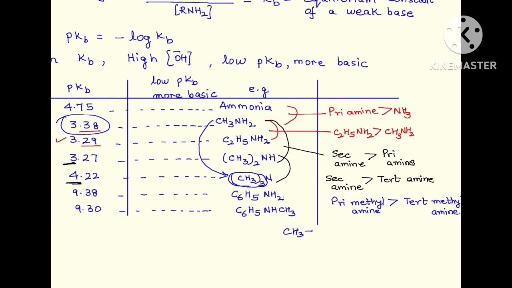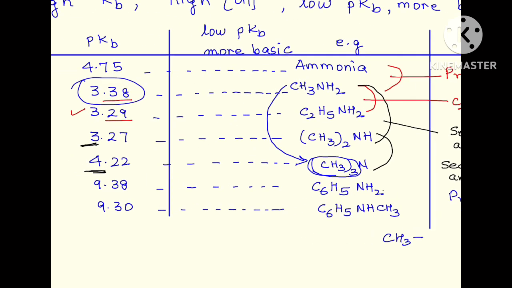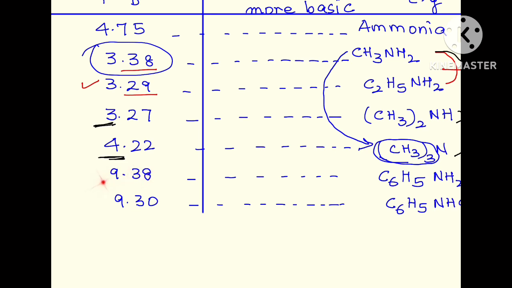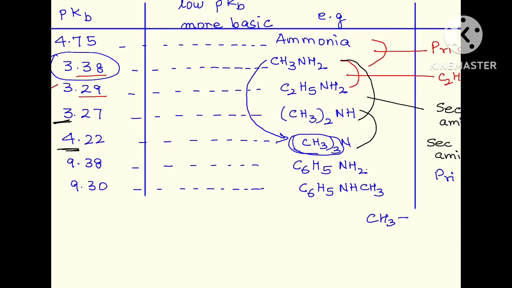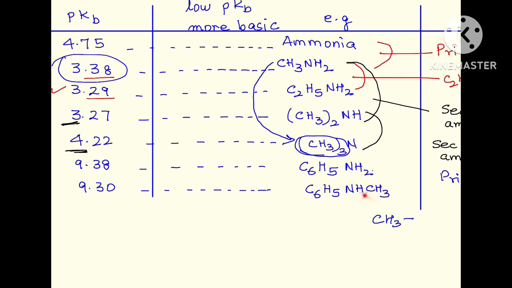Now, next thing we had spoken about aromatic amines. Now, aromatic amines, look at the value of pKb, 9.38. Whereas for any of the primary amines, it is in the range of 3, 4. But look at the first member of an aromatic compound, 9.38. Look at C6H5NHCH3. That means the N-methyl derivative of benzene. What do we have?